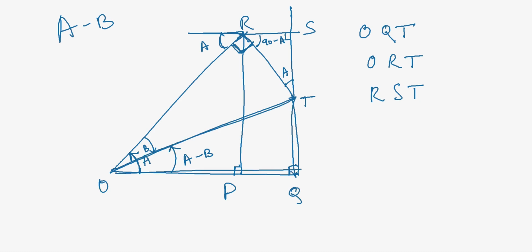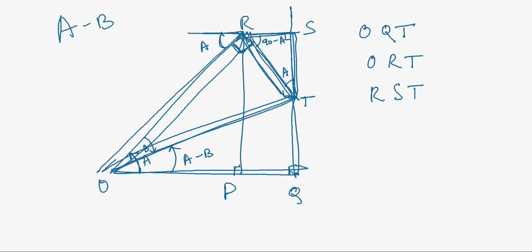So this right angle triangle, and this right angle triangle. This 90 degrees, this 90 degrees, and this 90 degrees, and this A, and this A. Now this A is more than enough, and this is our B, and this is our complete A, and this will be our A minus B.